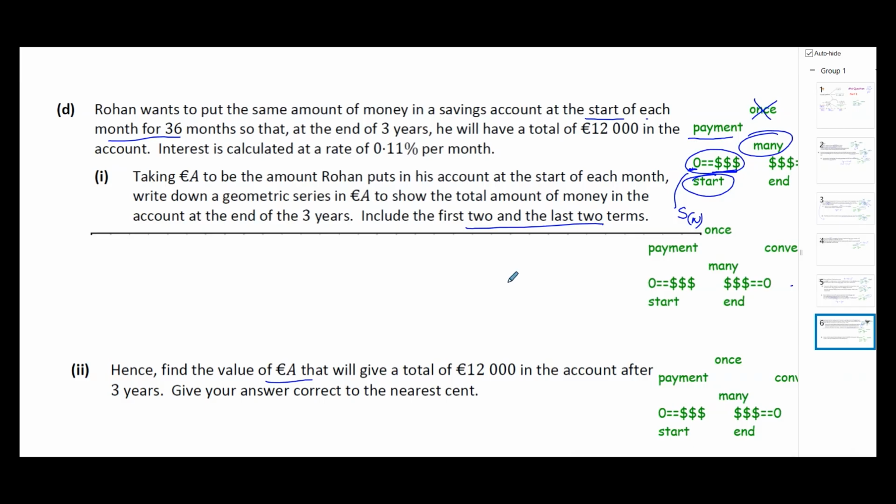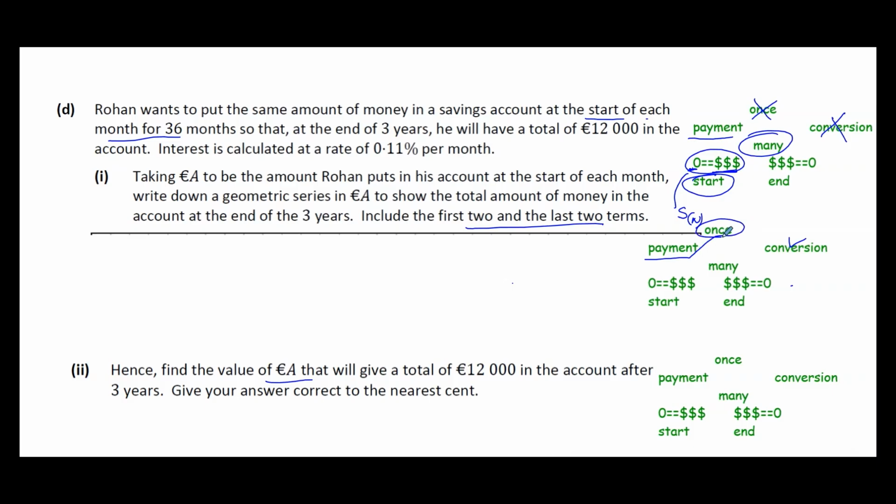So like I'm saying constantly, all the time, you can see it, the main key here is to identify, is it conversion? Very easy to identify that. But when it comes to payment, is it once off? Therefore, a compound formula. And if it is many, well, then the case is a little bit more complicated.